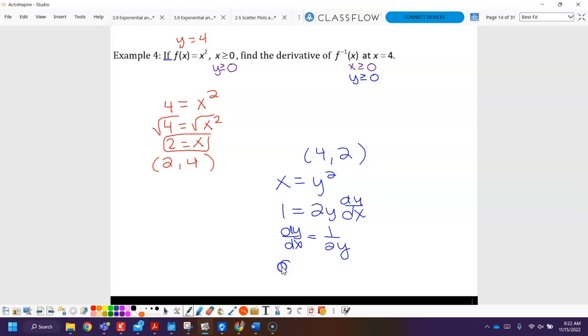So f inverse prime of 4 equals 1 over 2 times 2. And again, going back to the original, the derivative of f of x equals 2x. So f prime of 2. So we're super happy because they make sense.